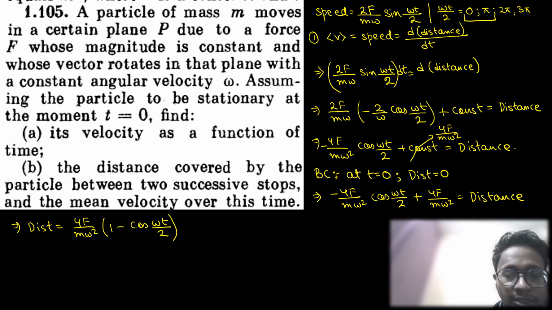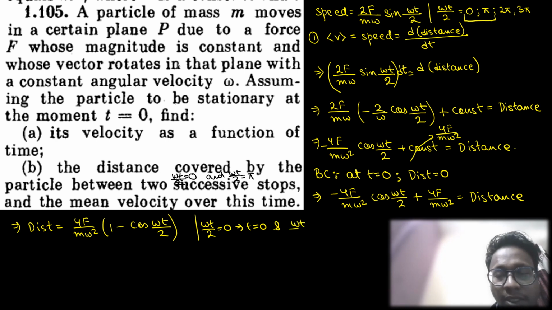Omega t by 2 is equal to 0 and omega t by 2 is equal to pi. Why? Because sine of 0 is 0 and sine of pi is also 0. So between t equal to 0 and omega t by 2 equal to pi, or time equal to 2 pi by omega.